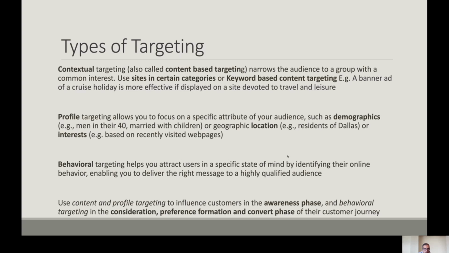So typically, your contextual or content targeting and the profile targeting is used to reach out to consumers who are in the awareness phase of their customer journey. The behavioral targeting allows advertisers to even reach out to consumers who are in their consideration phase, or preference formation stage, or the conversion phase of their customer journeys.